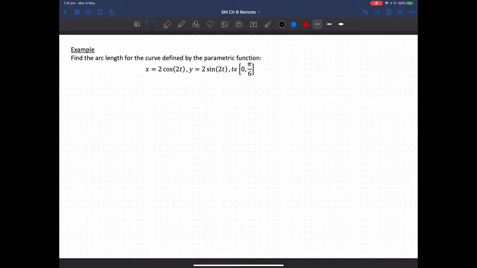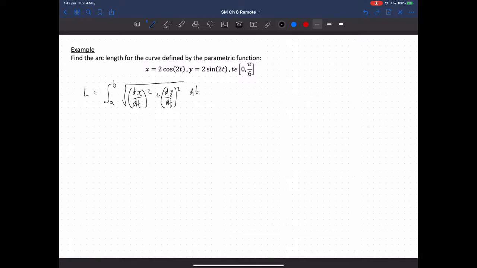So the formula that we have is L equals the integral between a and b of the square root of (dx/dt)² plus (dy/dt)² dt.